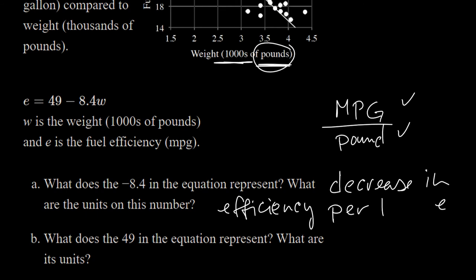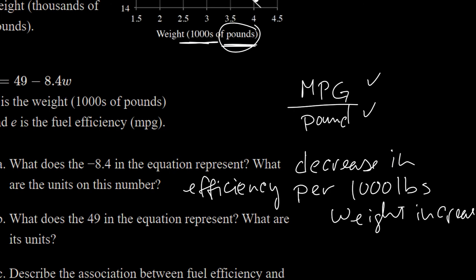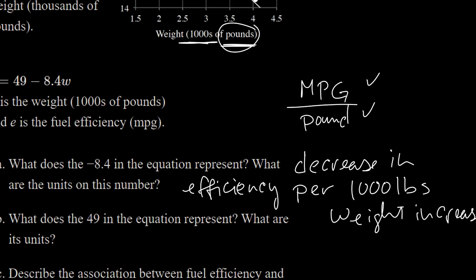Well, actually per 1,000 pounds, per 1,000 pound weight increase. So as the weight increases, the fuel efficiency is decreasing.